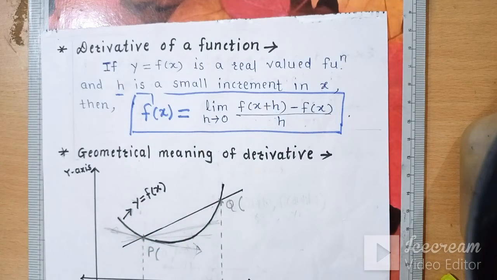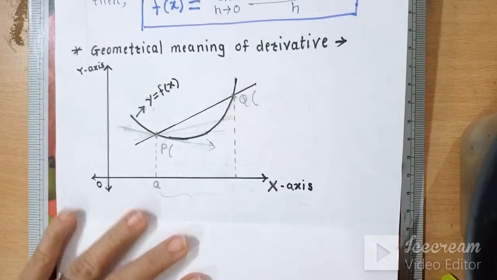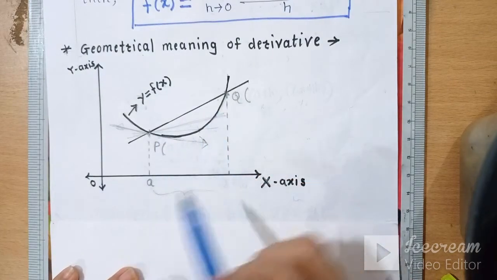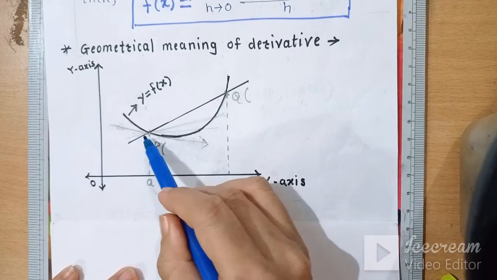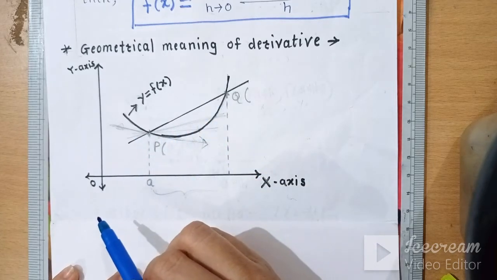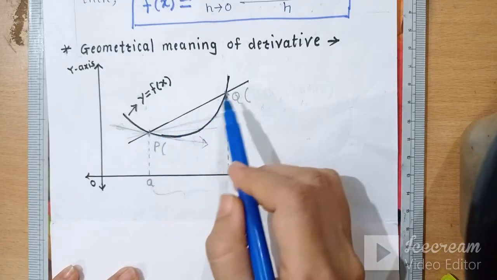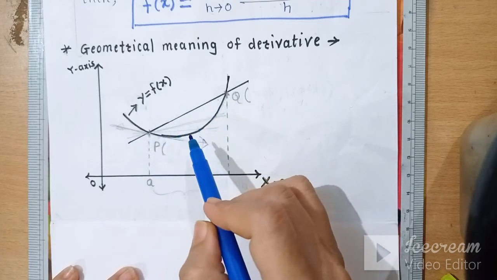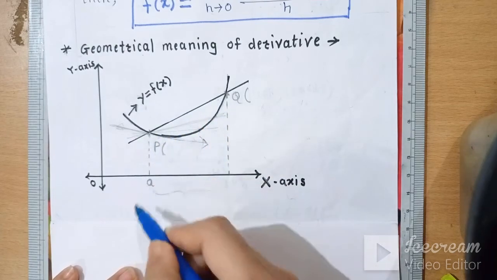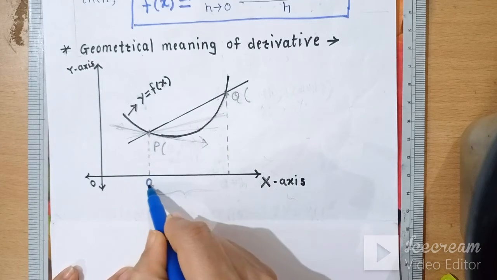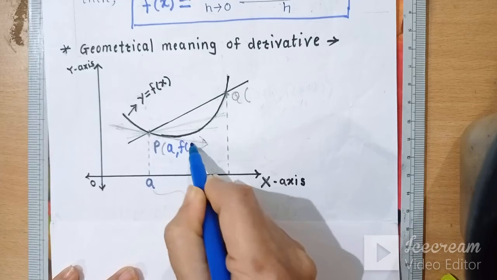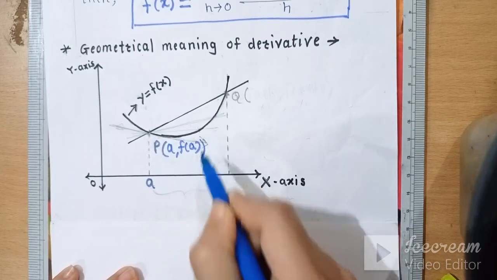We will use this definition in the geometrical meaning. So now let y is equal to f(x) be a curve in the xy plane, and let PQ be a secant. We know that a secant means the line which cuts the curve in 2 points. Let the coordinate of P be a, so coordinates of P are (a, f(a)).